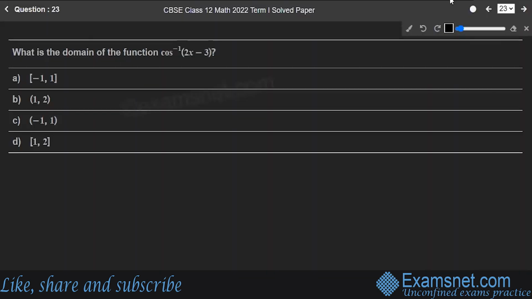Question number 23, what is the domain of the function cos inverse 2x minus 3? So this is the given function. You know the value of this lies between minus 1 and 1, like cos values always lie between minus 1 and 1. So I'll take 3 on this side.